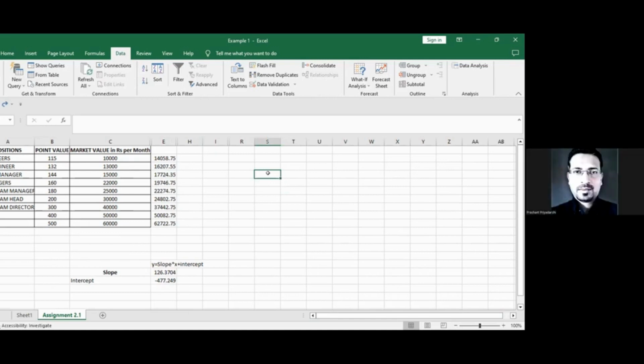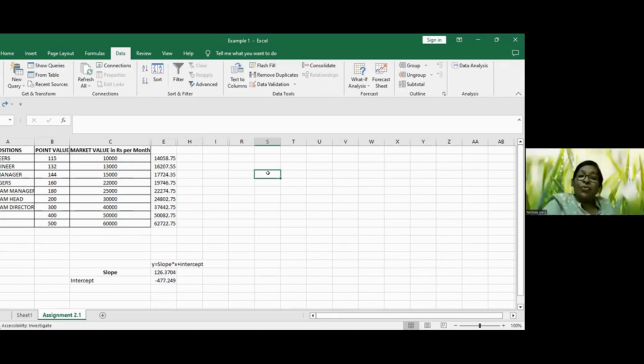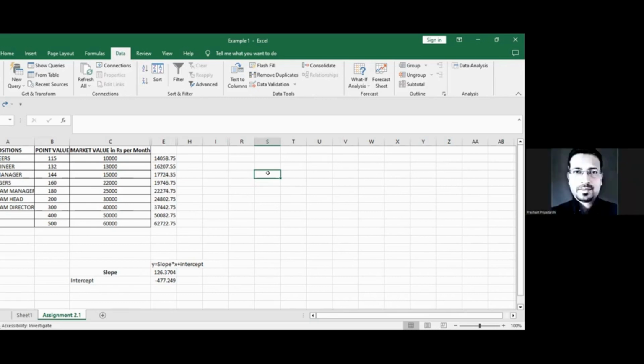Okay? How do we put a header on this column? This column E is the salary which you need to pay, for example. Considering that your slope value is 126.3704 and your intercept is minus 477. Say, for example, if you were to increase from 115 to 116, then what will it be like?